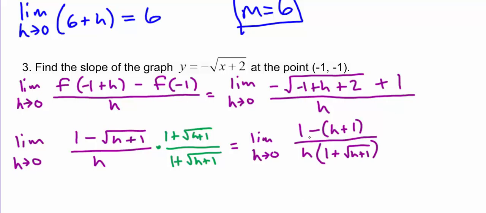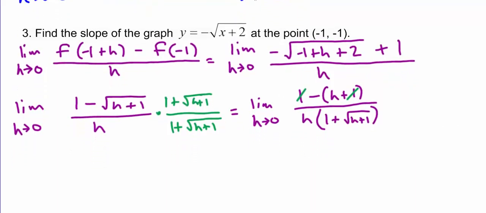Now, if you're paying attention here, you're going to see pretty quickly that in the numerator, we have 1 minus 1. Those are gone, so all that's really left is a negative h, and that's divided by h. So realistically, what we have here is the limit as h approaches 0 of negative 1 divided by 1 plus the square root of h plus 1.